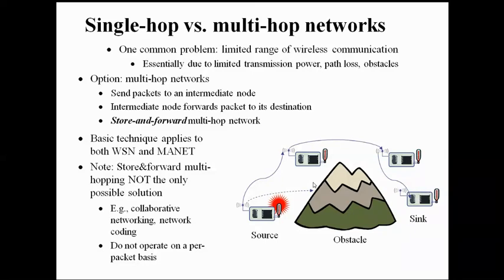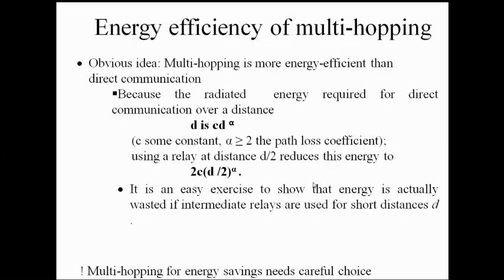One more thing: let us look at energy consumption between these two types of network. If you are using the direct communication network, it will consume somewhat higher energy. If you are transmitting the information with the help of intermediate nodes, the radiated energy will be less.